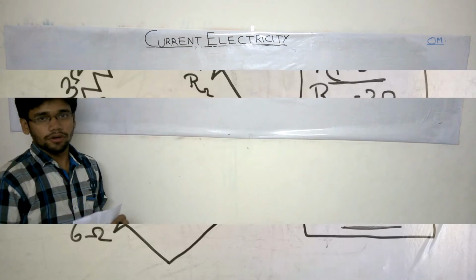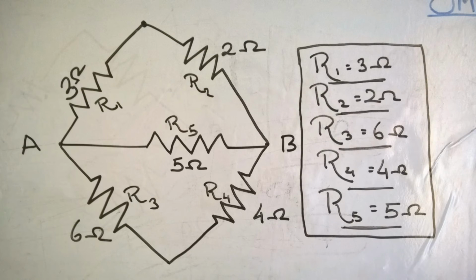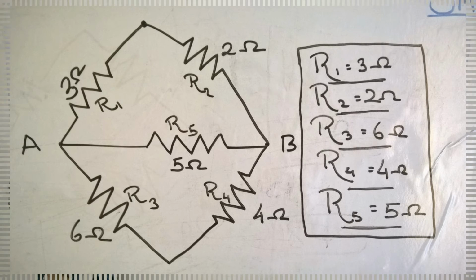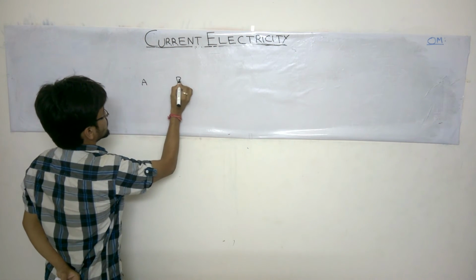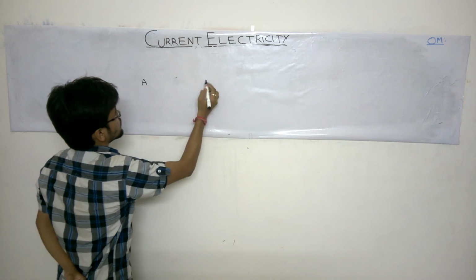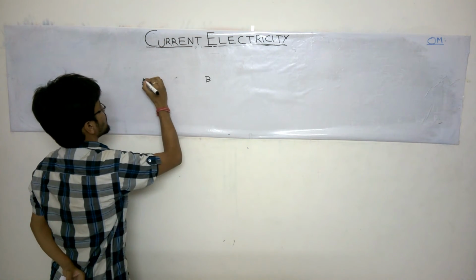The question will be displayed on your screen. I'm just reading it out. Calculate the equivalent resistance between A and B. The figure is given on your screen. Let us draw the figure first. So they have told us to calculate the resistance between two terminals. Okay.